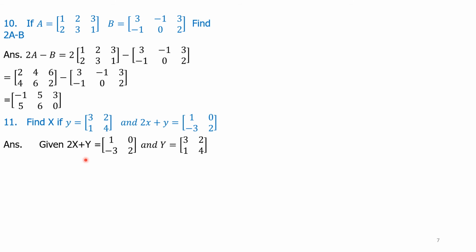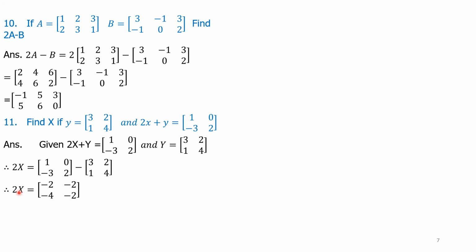Corresponding elements have to be subtracted: 1 minus 3 is -2, 0 minus 2 is -2, -3 minus 1 is -4, 2 minus 4 is -2.